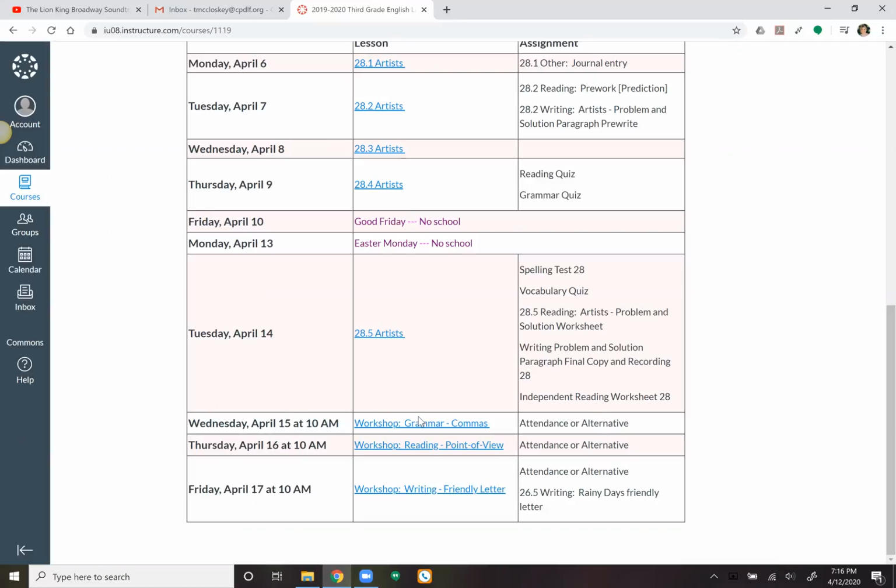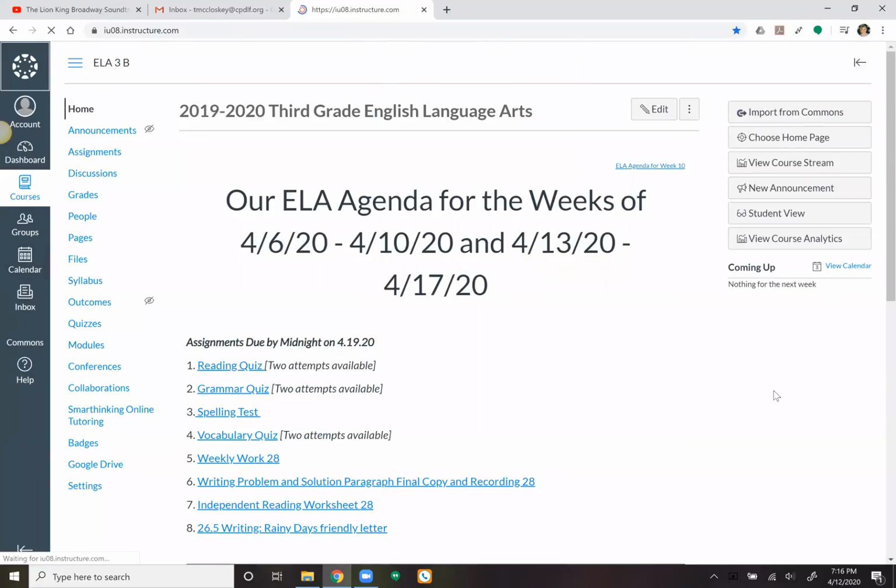On Wednesday, there is a workshop. You either have to attend or do the alternative. Again, please pay attention to directions when I send them to you. Thursday's another workshop, Friday's another workshop. We'll be doing workshops on grammar, reading, writing. And please keep in mind that there is an assignment specifically for Friday, but we will get more into that.